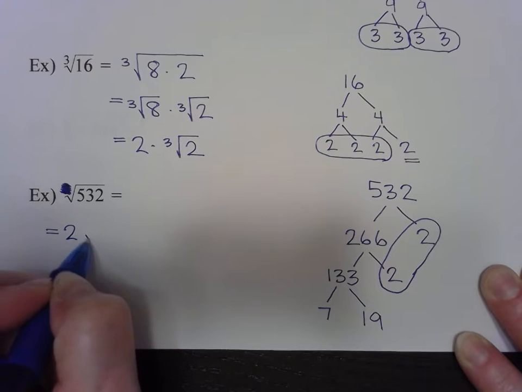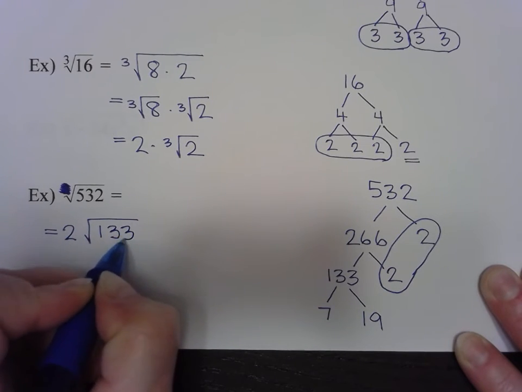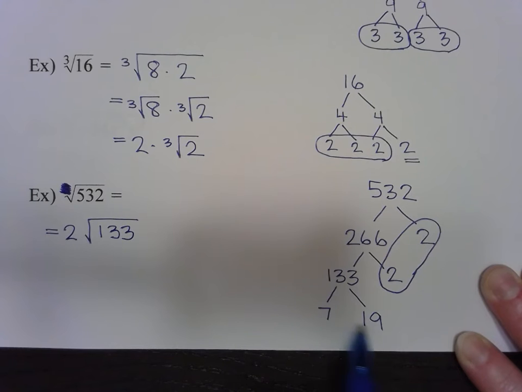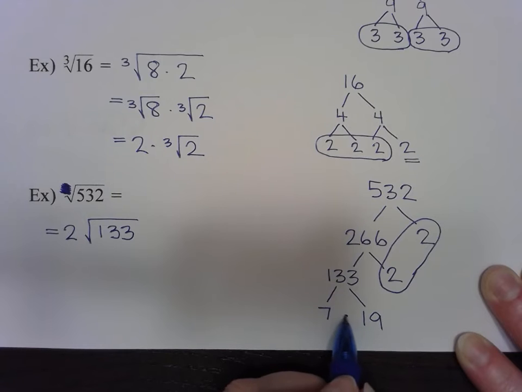So the 2 can come out since we changed it to a square root, and I can't bring any of these out. Neither of them's a perfect square, so I kind of go back to here. Because anything inside the square root that's left inside will be left multiplied together.